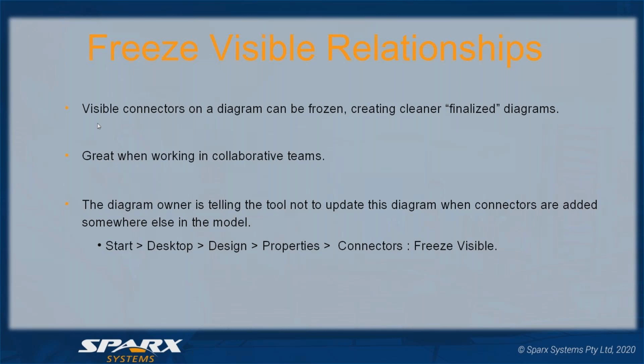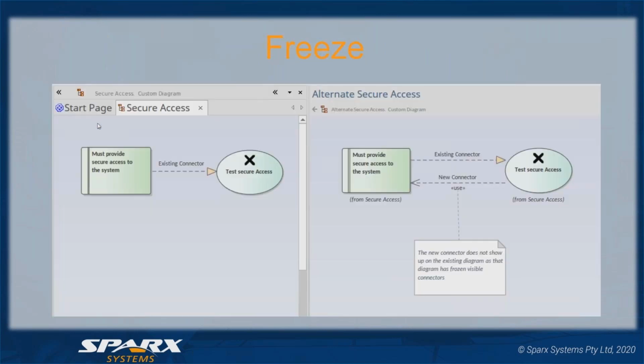So in order to access this, you go Start, Desktop, Design, Properties, Connectors, and Freeze Visible. This is a great way of being able to preserve connectors on a diagram. So you can see the one on the left of screen has been frozen, a new connector is added, but it doesn't show up on the secure access diagram.